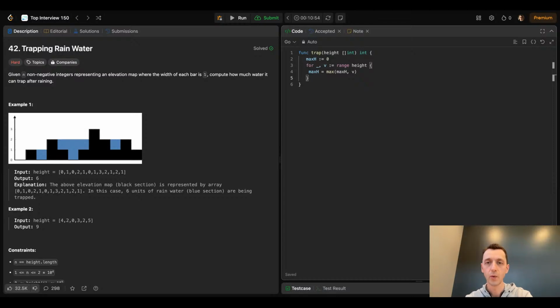And by the way, we need to find its index also. So max index is 0. So that means, what's with my indentation?